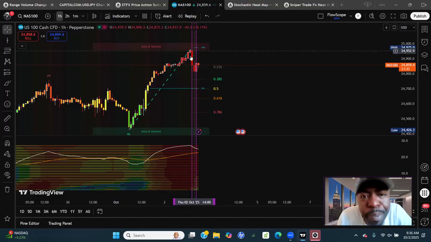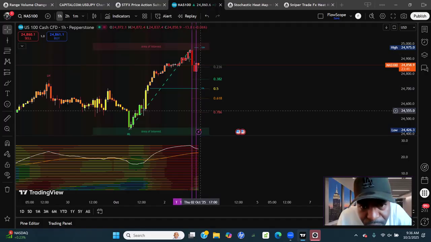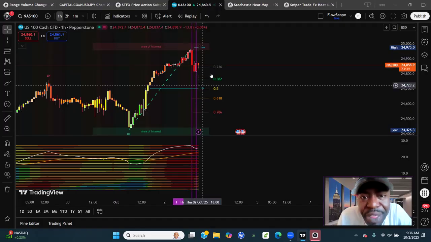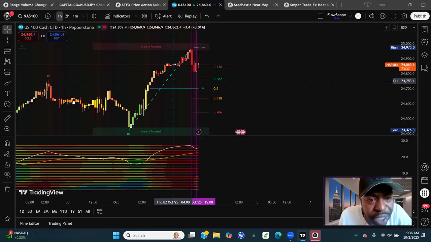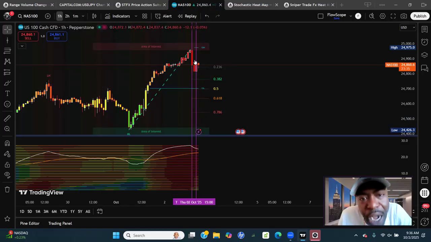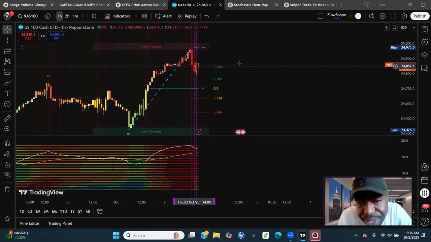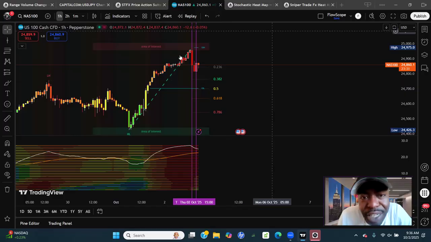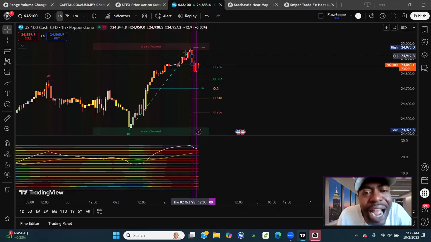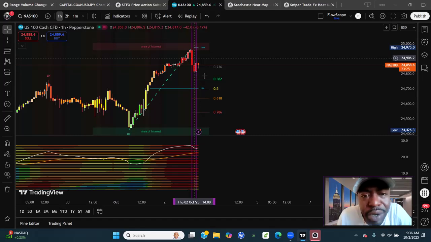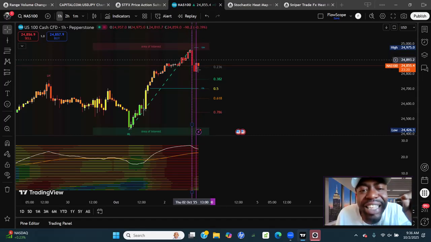You're going to want to see a pullback, a Fibonacci retracement into these fib levels, and then a push up, right? You want to see a pullback and then a push up, because it needs to cool off. It's burning hot. It can't keep going when it's burning hot like this. So it needs to cool off. We use that burning hot as an indication for entries for us.